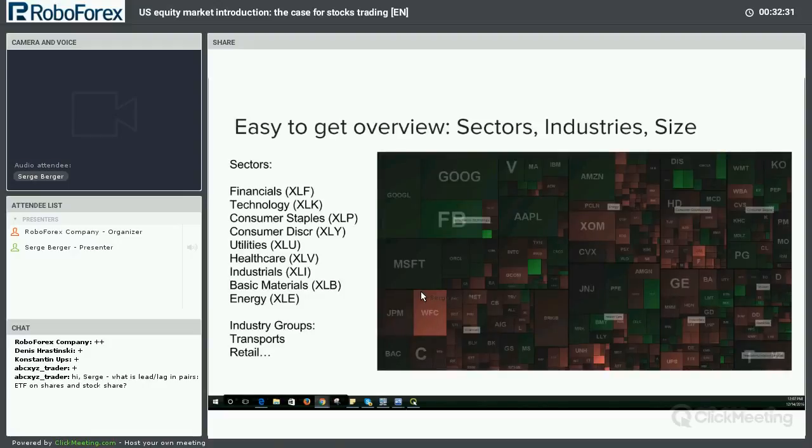Now, let me get back to the exchange traded funds, and I see a question here by ABCXYZ Trader. He's asking a very good question that really pertains to this slide here that I was just about to go through. There are some very important sectors that you look at, or these are exchange traded funds for the S&P 500.